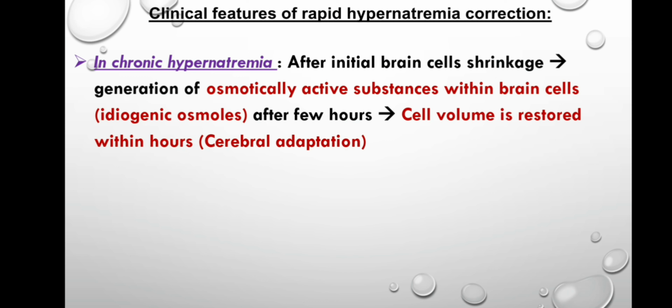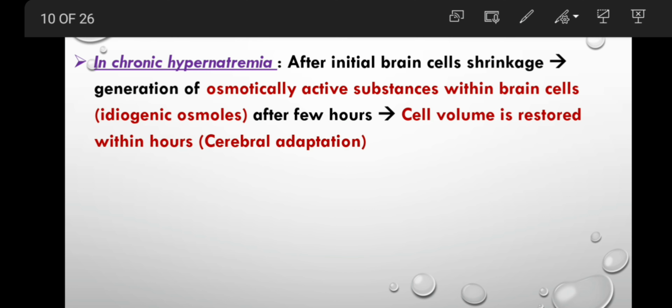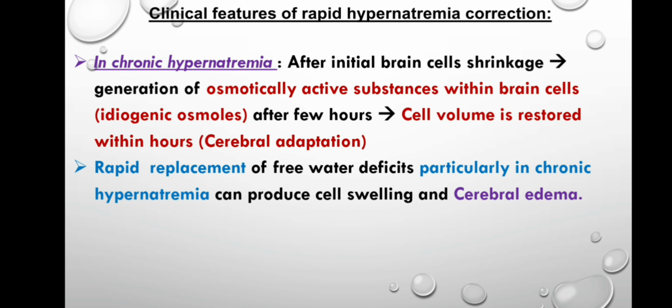These idiogenic osmoles will increase the intracellular tonicity, so it will restore the cell volume and cell shrinkage will decrease. So in chronic hypernatremia, the symptoms will be less.